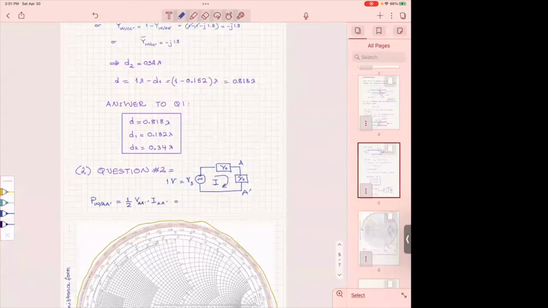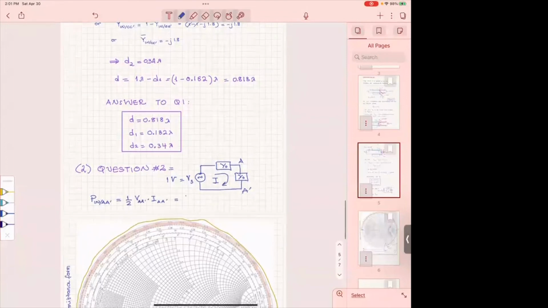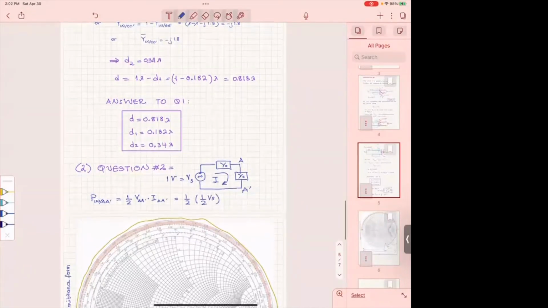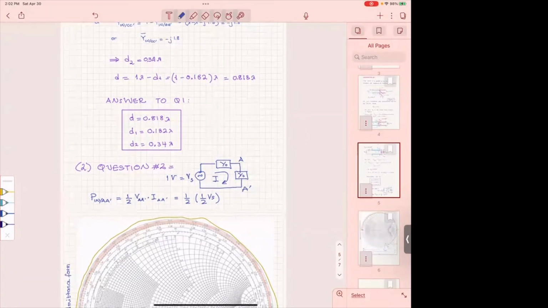Which means, according to what we found before, it's going to be 1/2 times the voltage, which is 1/2 of Vs, and the current, from Ohm's law, is Y naught times the voltage at A prime.